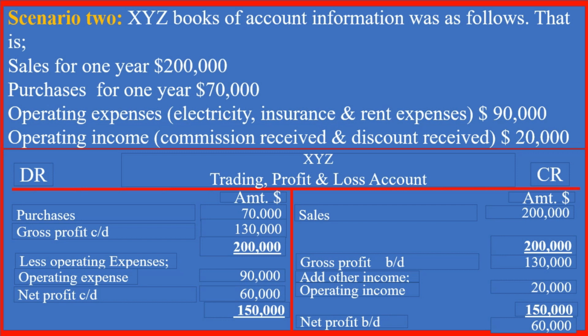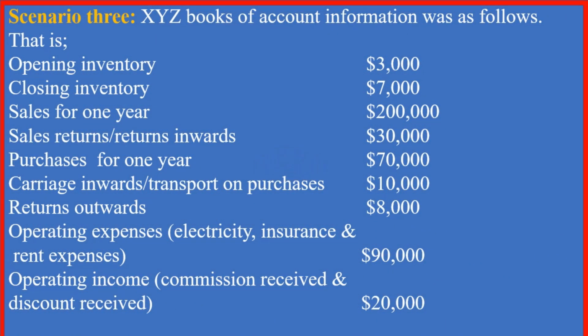Now let me go to the last scenario, scenario 3, where I'm taking full throttle, considering all aspects that are required for preparation of a trading profit and loss account. Now in the books of XYZ business, we have opening inventory of 3,000, closing inventory 7,000 US dollars, then sales for 1 year still the same at 200,000, and sales returns, or what we call returns inwards, of 30,000 US dollars.